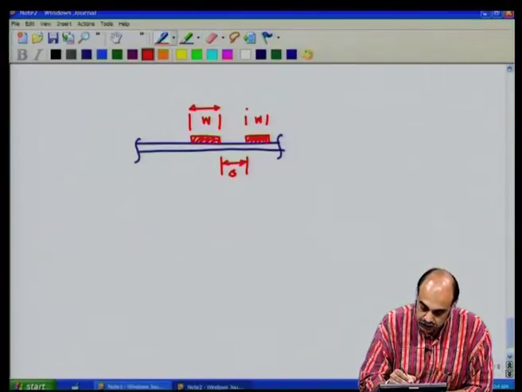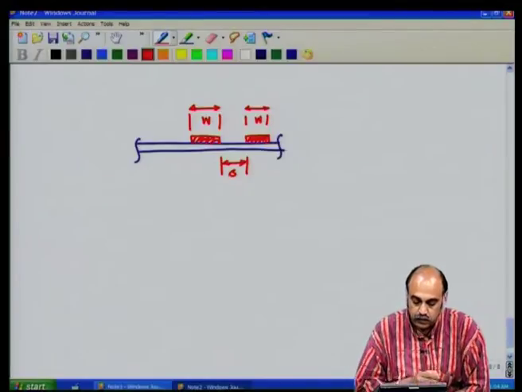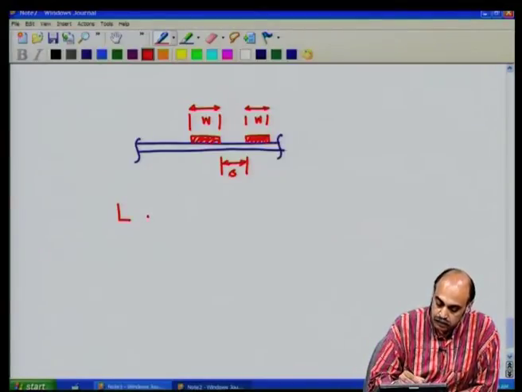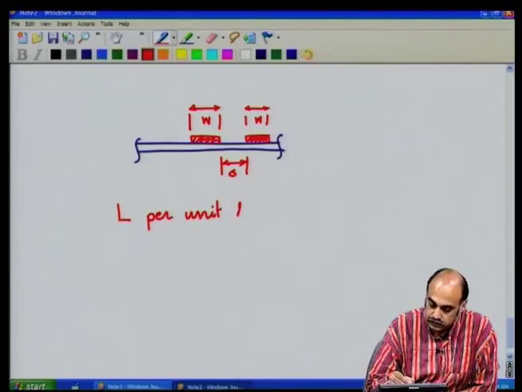But keep in mind that there are a lot of uncertainties. This is also an empirical rule that I will be giving you now, which will give you L per unit length. So, you can call it the inductance factor.